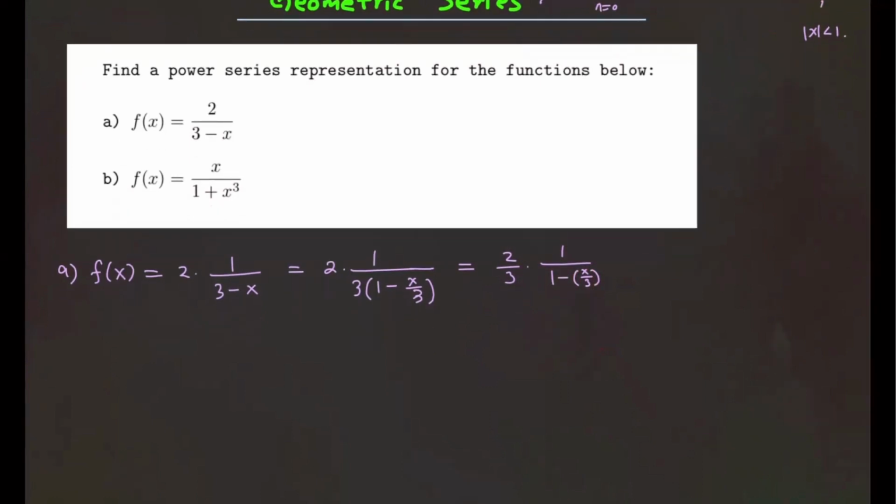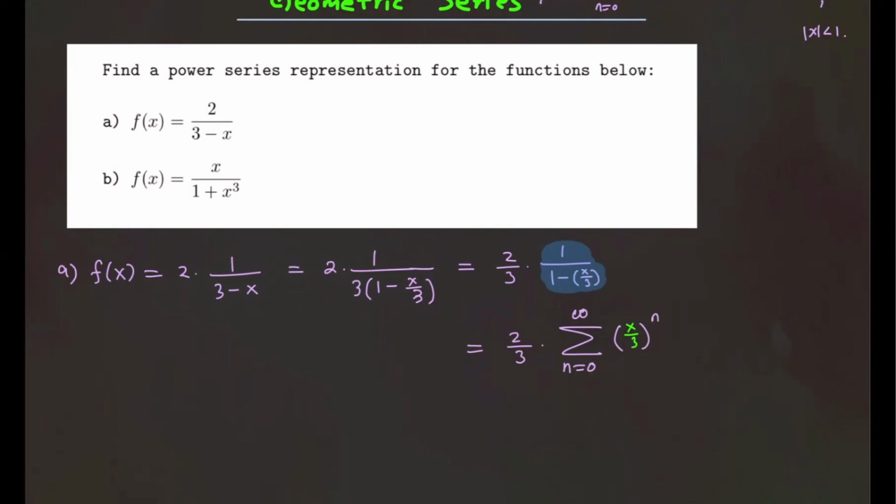So we can make the direct substitution. So this piece right here is equivalent to, so we have 2 over 3 in the front. That highlighted portion is the sum starting from n equals 0 to infinity of x to the n power, but our x is going to be x over 3. So that's the substitution we make, and that is our representation.